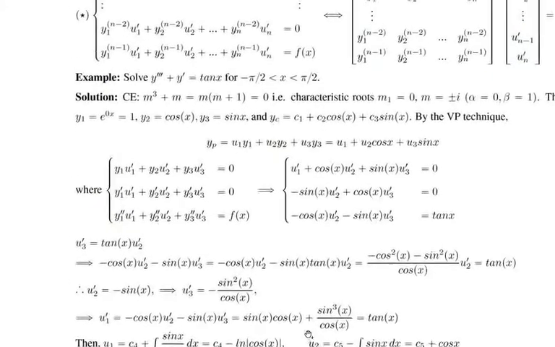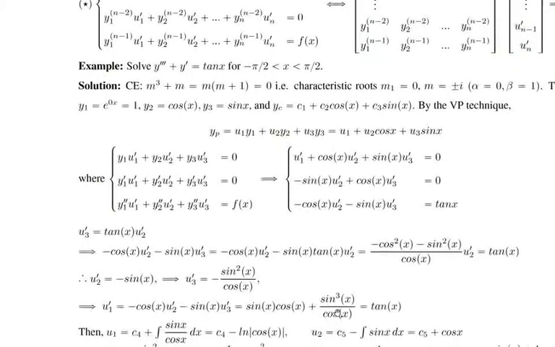After we take a common denominator, I'm going to get sine x cosine squared x plus sine cubed x. If I factor out sine x, I'm going to get sine x times cosine squared plus sine squared, which eventually is going to be equal to tan x.